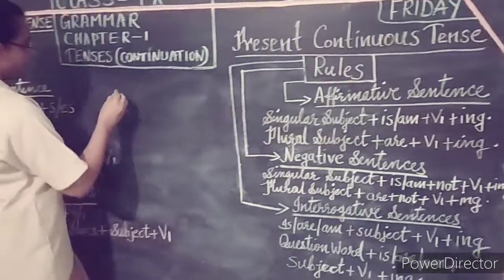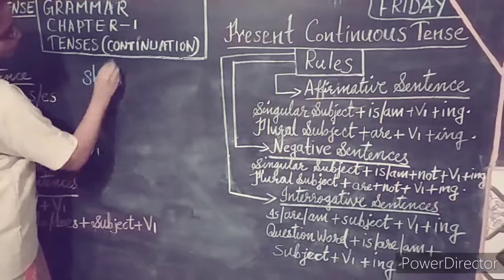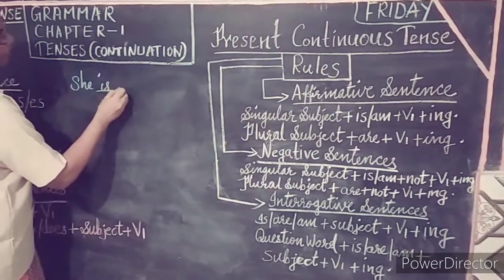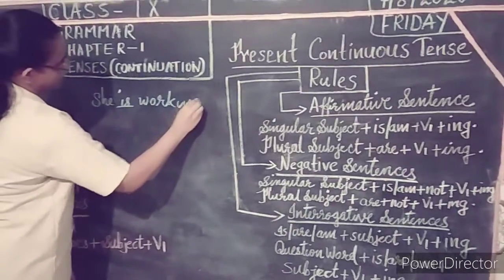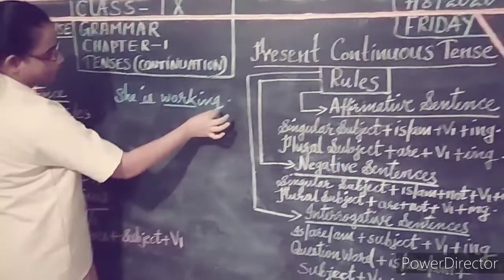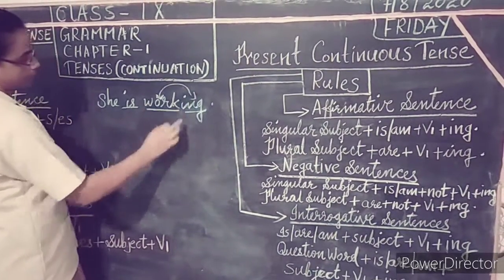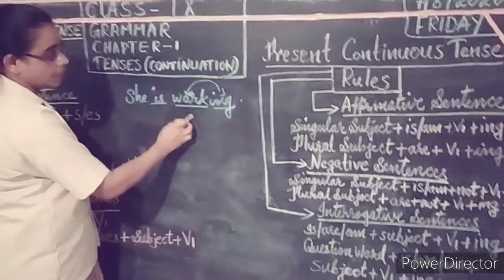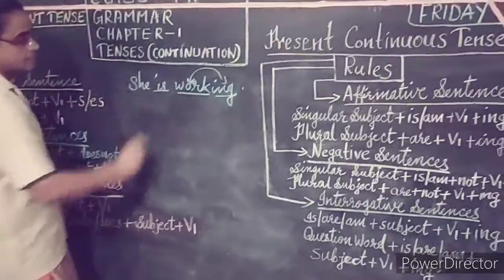Singular subject: She is working. Work is the first form of the verb, and when we add ing, it becomes the ing form of the verb, and the helping verb is is.